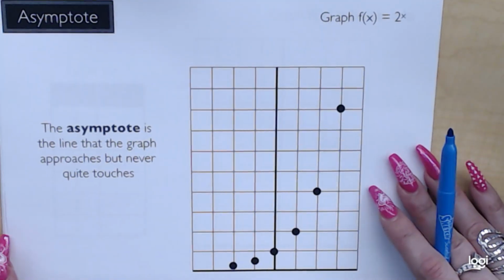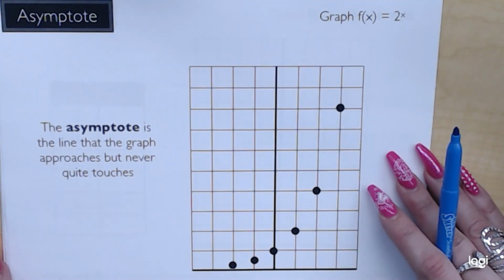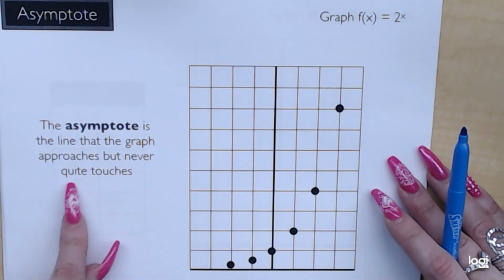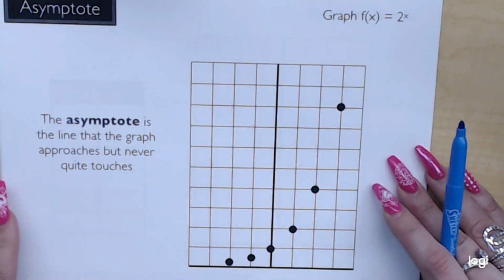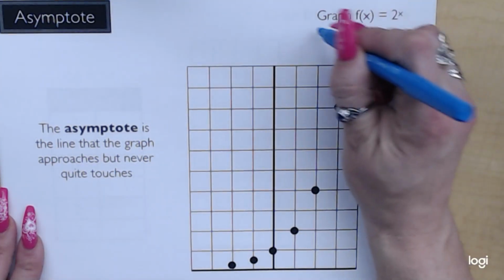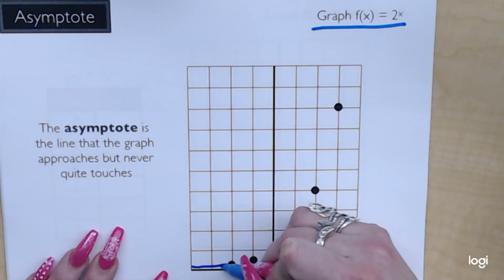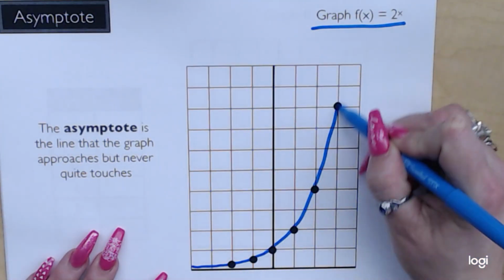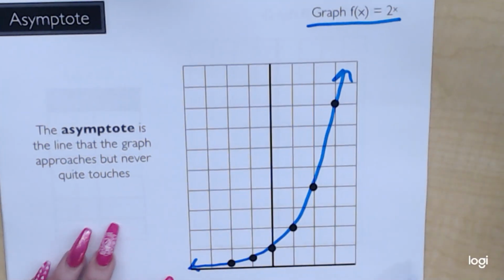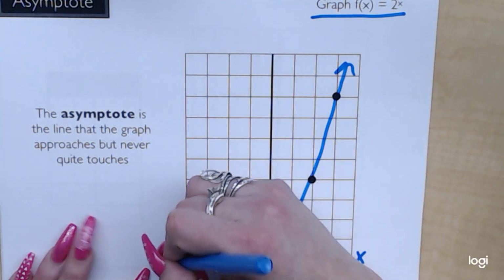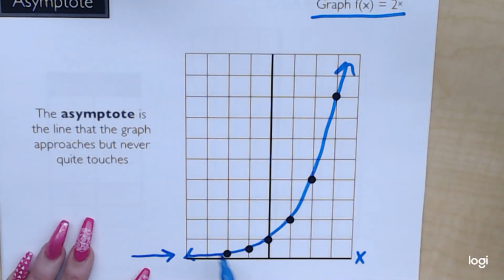Now let's look at the word asymptote. The asymptote is the line that the graph approaches but never quite touches. Let's connect these. And remember, this was the graph of what we just did. So we can see, we connect them. Well, it must be referring to this x-axis. This line right here, where it looks like it's going to hit, is actually never going to touch the x-axis.